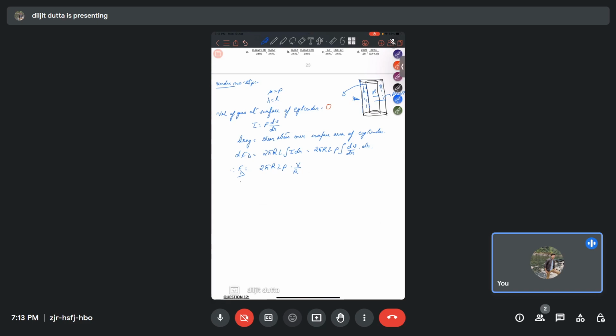Now this drag force is balanced by mg to get terminal velocity. So therefore mg is equal to 2 pi RL p into v by r.